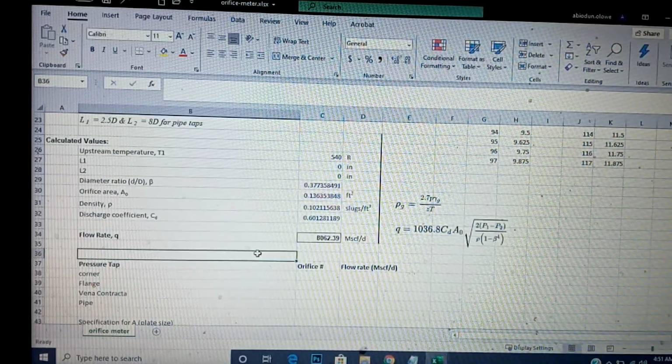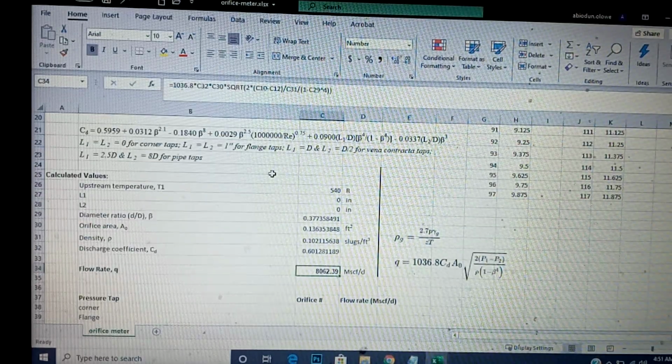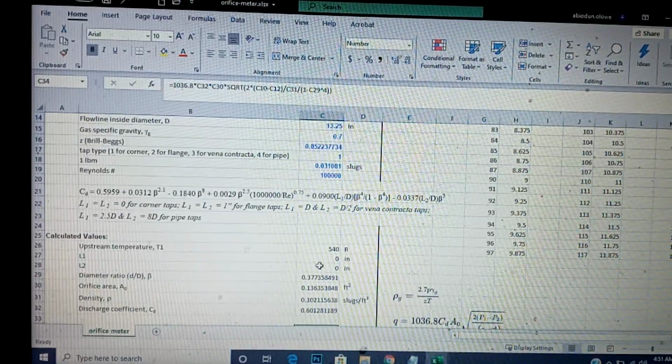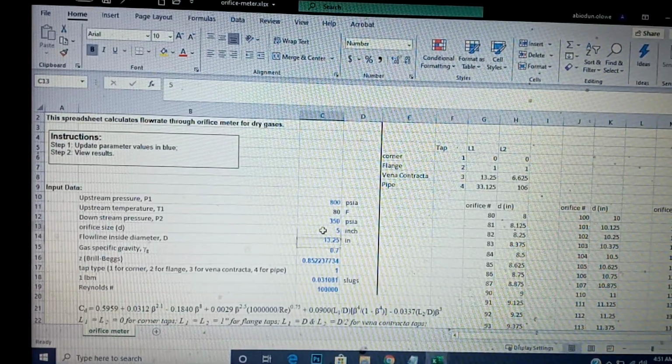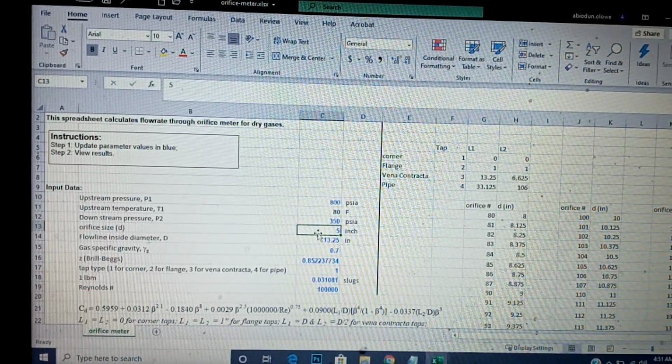Okay, 5 is too small. So it's between 5 and 6. So let me try 5.5.